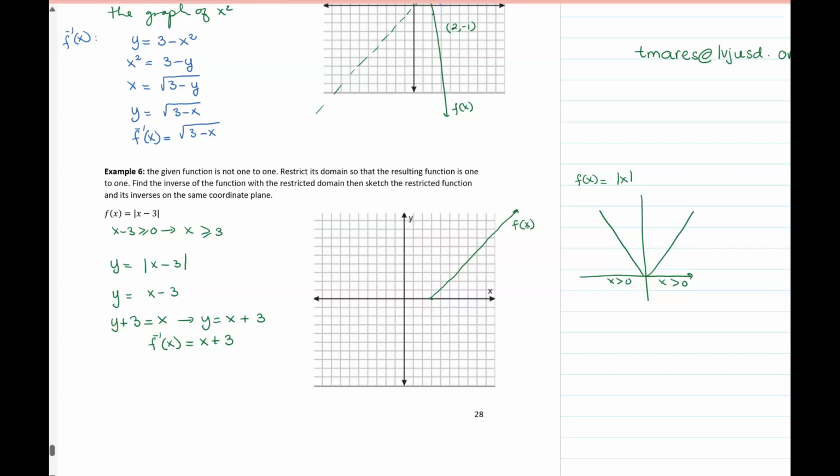And f inverse of x is the line x plus 3, moving up 3 units from the line y equal x. So this is f inverse of x. And note that both are symmetric with respect to the line y equal x.